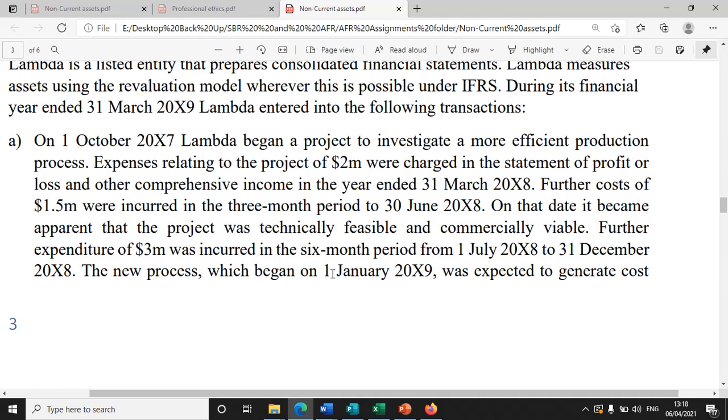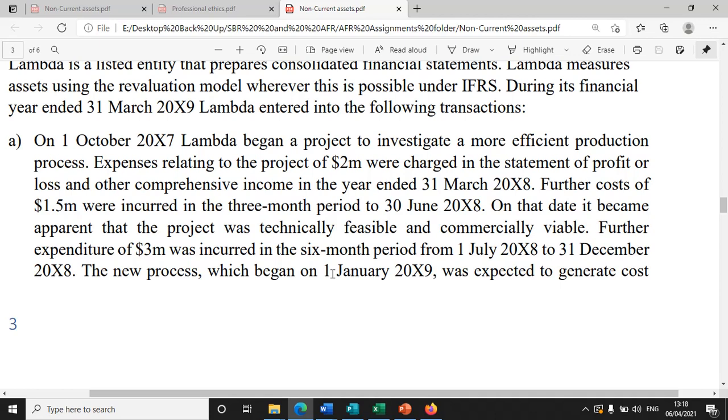Now 3/12, we are running from 1st January to 31st March. So if you try to use your calculator, 3 million by 3/12, I'm sure you are getting 75,000.